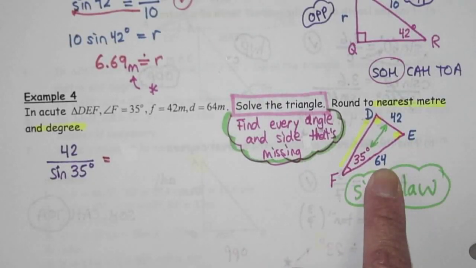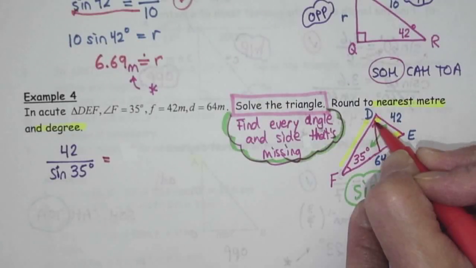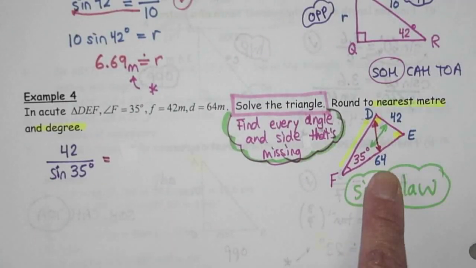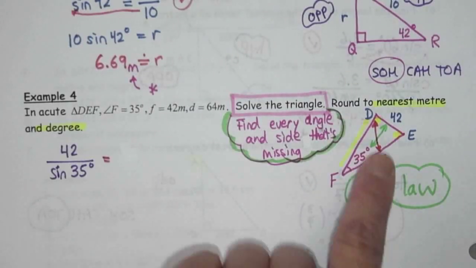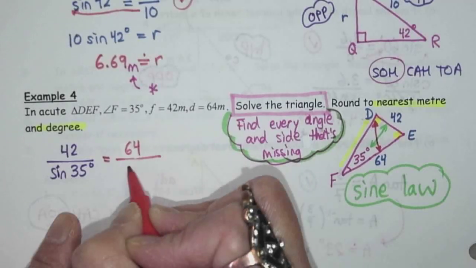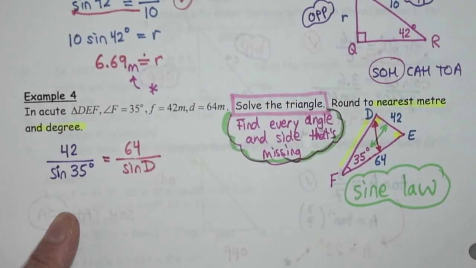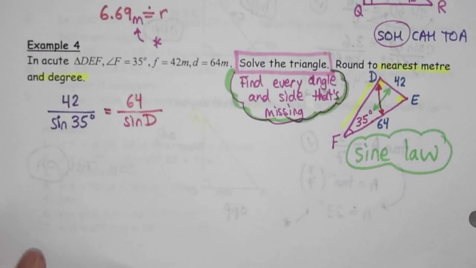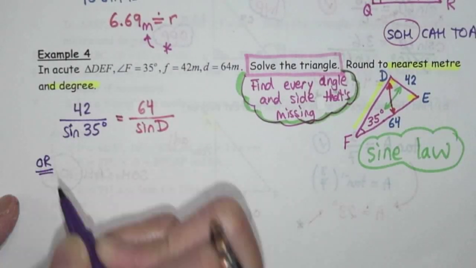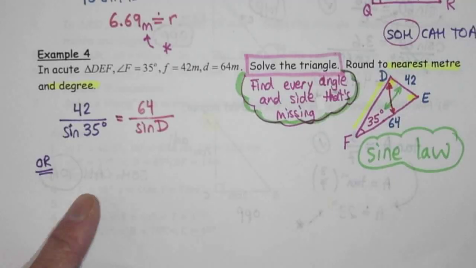I have 64. So the only other one I can go to, people go, can I start with anything? You cannot. So the only one I can find now is this one, because of this, we're doing that ratio. So we're going to do 64 to sine D. Now, you can write it this way, or, okay, good question, upside down.